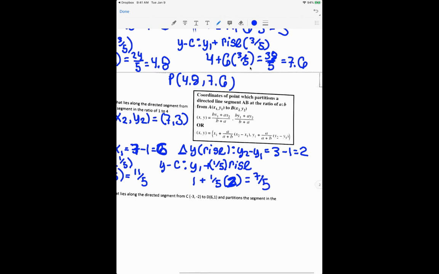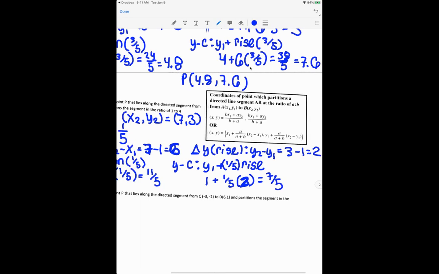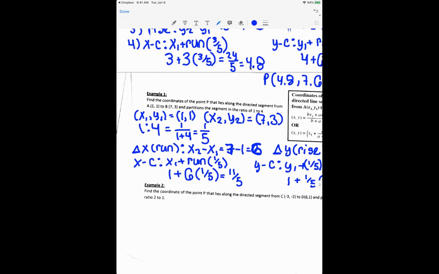Okay, so then I have my coordinates. So my final answer here would be 11/5 and 7/5, which is 2.2 and 1.4. And you can leave it as a fraction or decimal. I would take either answer.